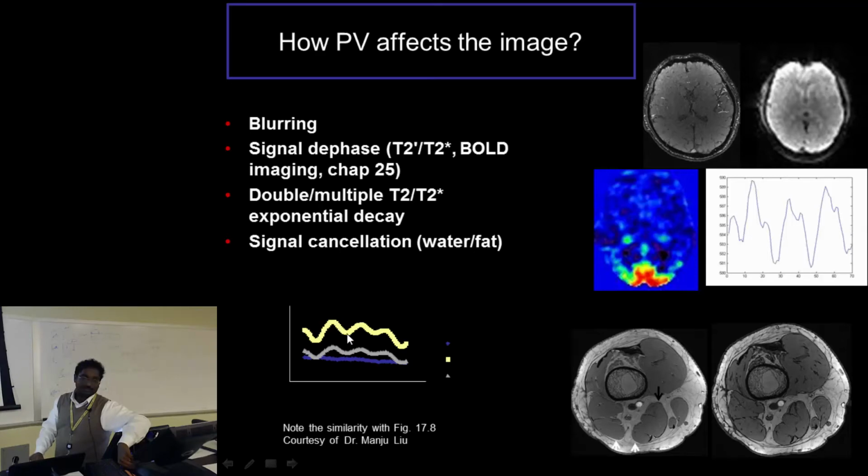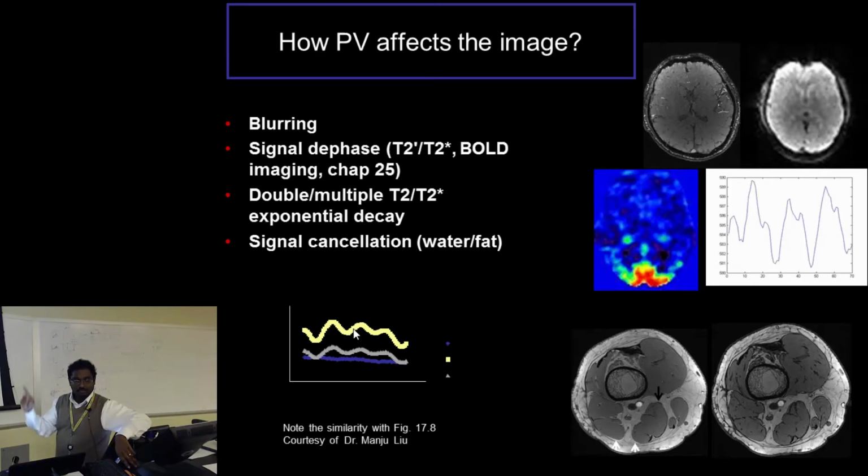At some point they will subtract out, basically 180 degrees out of phase. So you will see this is essentially a signal from a voxel containing water and fat, this decay that you see. This decay is due to the T2 decay of the overall voxel, both water and fat tissue. But this oscillation that you see is because of that particular vector addition and subtraction as they come in sync and then get out of sync, basically.